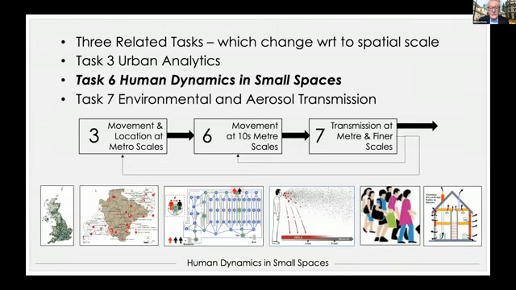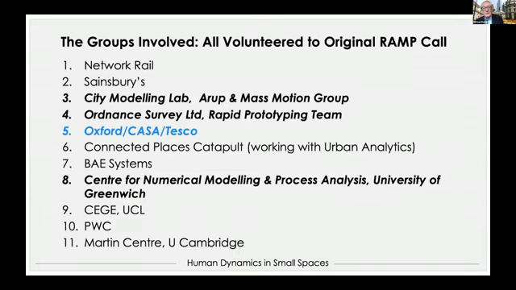Now, I just want to say one more thing before I finish and hand over to our first presenter. We'll be talking about the level of supermarkets to begin with, but these are the groups that were originally organized by RAMP under the title Human Dynamics in Small Spaces. So we had Network Rail, Sainsbury's, and those in bold on this slide are presenting at this Newton workshop either today or tomorrow.